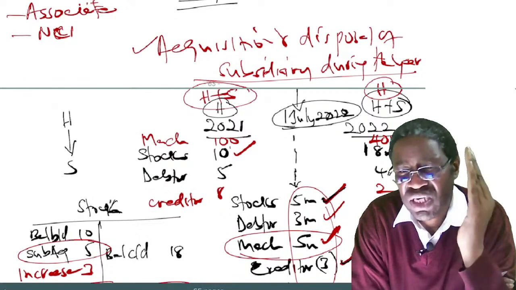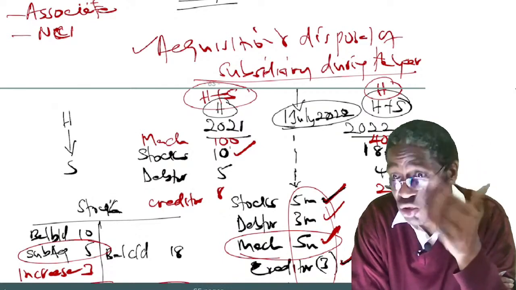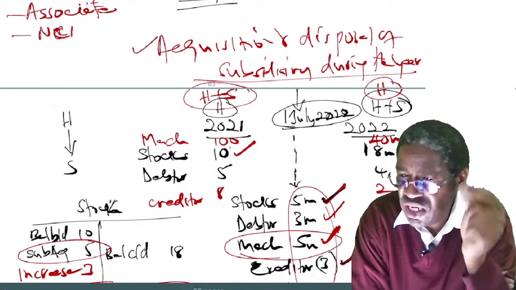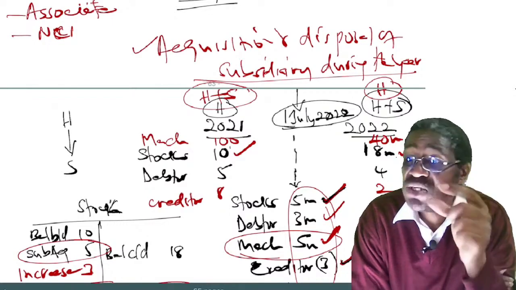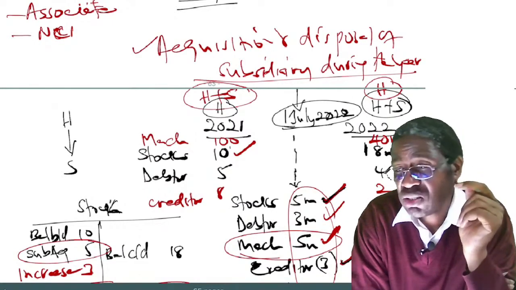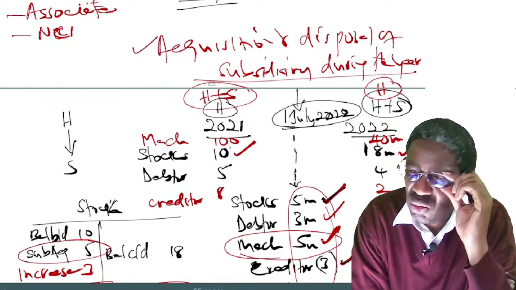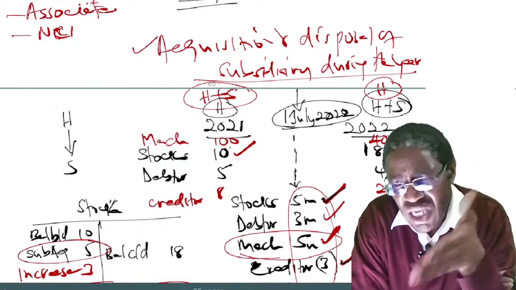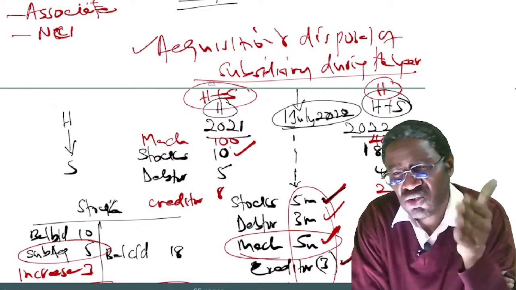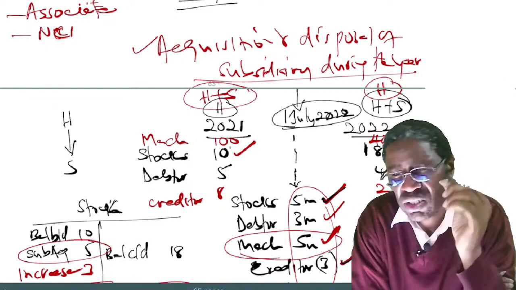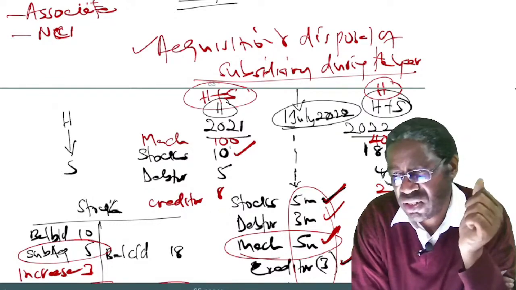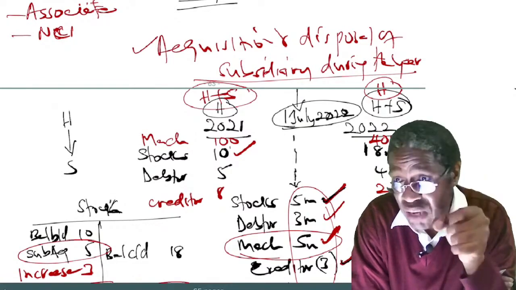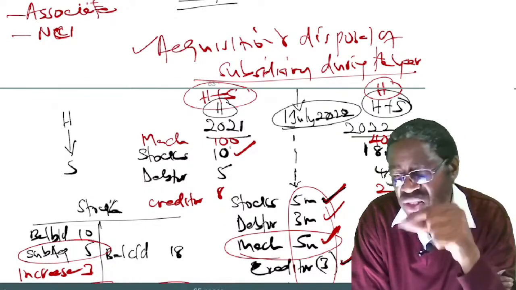For example, we have said any debtors of the subsidiary company at the date of acquisition should be debited in the debtors account, which is used to determine either an increase or decrease in debtors.